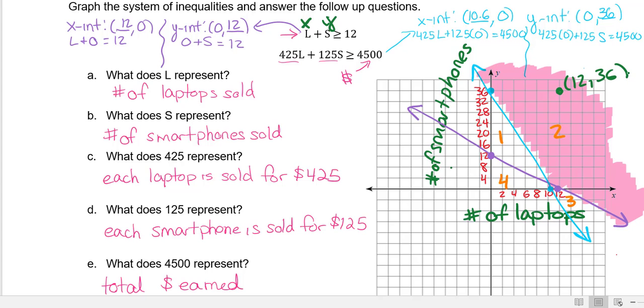Well, obviously 12 plus 36 is going to be more than 12. And if I multiplied 12 by 425 and multiplied 125 by 36, I'm definitely going to get a number that is bigger than 4,500. So now that I have the area that represents my solutions, only this area 2, nowhere else, I can now answer my questions a little bit easier below.